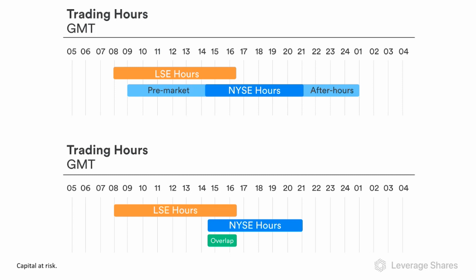GDRs are global depository receipts. Given these extended hours, international market makers have been able to quote spreads even after US markets are closed. This is made possible by, as I said, global depository receipts, GDRs for short.